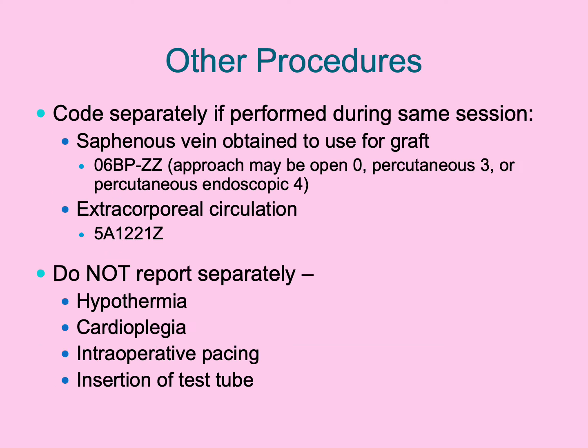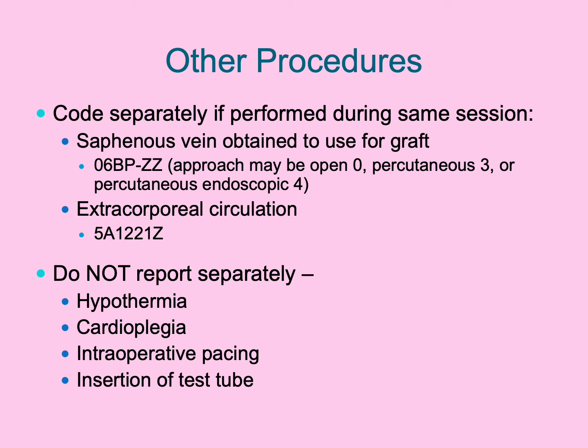Okay, so what else can be reported separately with these codes? If the saphenous vein is obtained to use for a graft, you can report that separately: 06BP and then whatever approach, ZZ. The approach may be open, percutaneous, or percutaneous endoscopic.